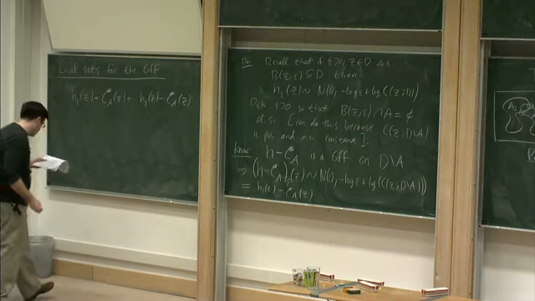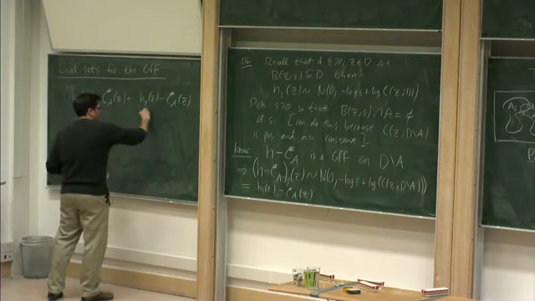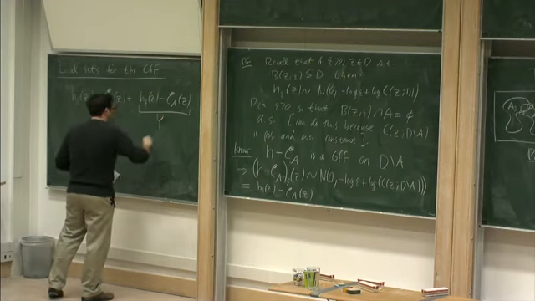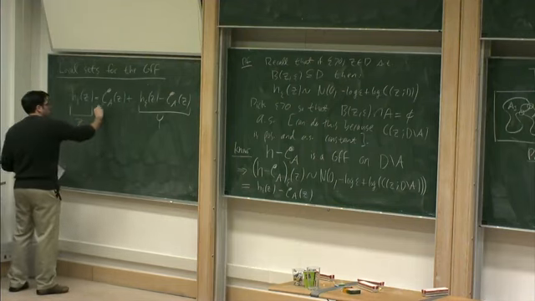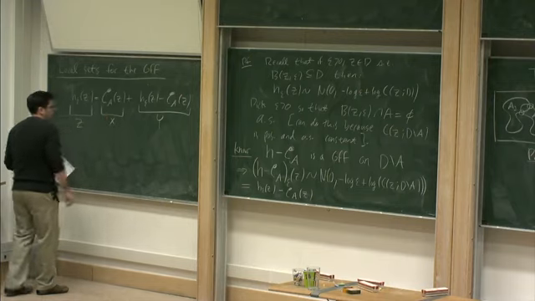And in my trivial lemma, this is going to play the role of y. This is playing the role of z. And this is going to play the role of x.